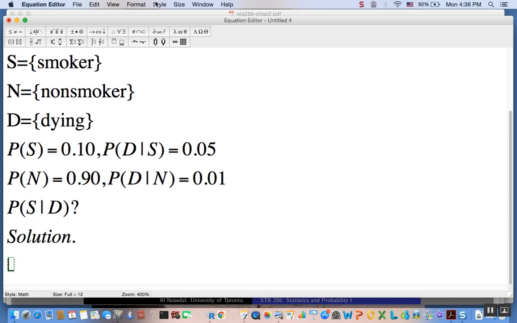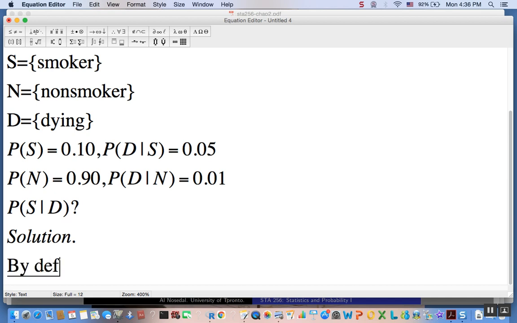Solution. Here we go. First, this is what we want: a conditional probability. So a good starting point would be writing down the definition for that conditional probability, right? And from a previous video, we know the formula for that conditional probability. Let me remind you.